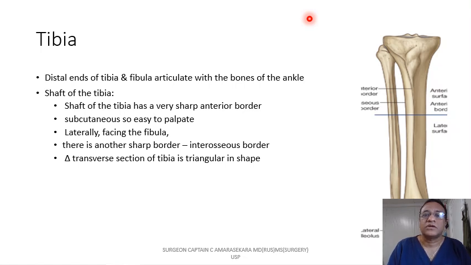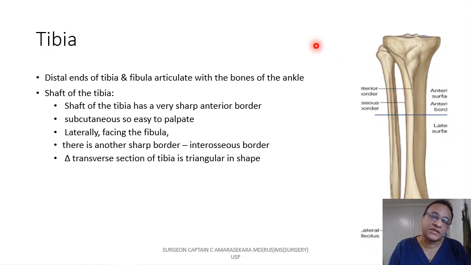Coming to the shaft of the tibia, the tibial shaft has a very sharp anterior border. You can see this very sharp anterior border. This is a palpable landmark, as it lies in the subcutaneous plane and is easily identified on the surface.